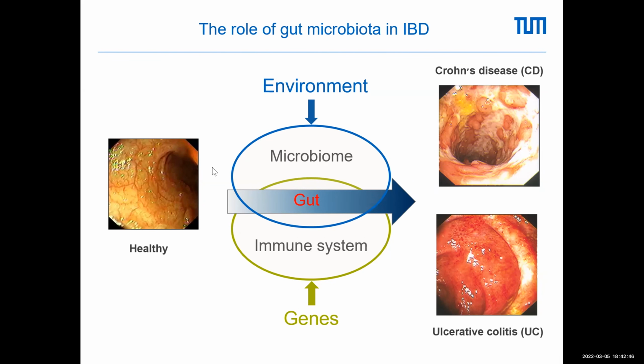Here you can see how the gastrointestinal tract looks in a healthy individual, and how it looks in Crohn's disease or in ulcerative colitis. You can see that there are lots of ulcers, bleeding, and it's really painful, and it affects the quality of life of patients dramatically.